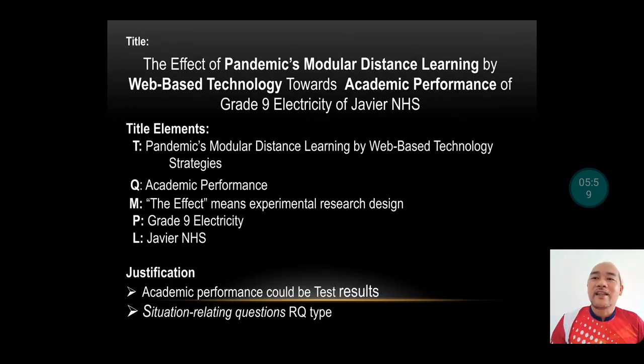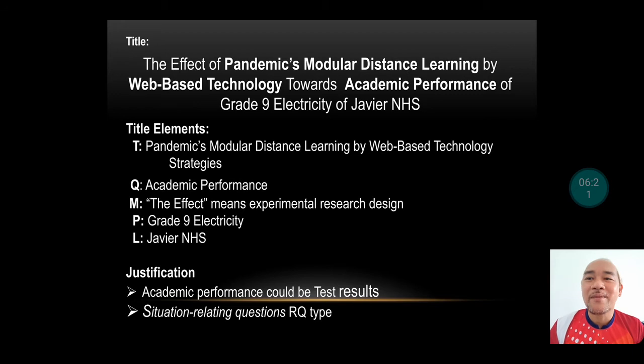Okay. This is the title I made for the RQ that we made previously: The effect of pandemic's modular distance learning. See, I did not take the part about the impact, but I took the idea about the effect.